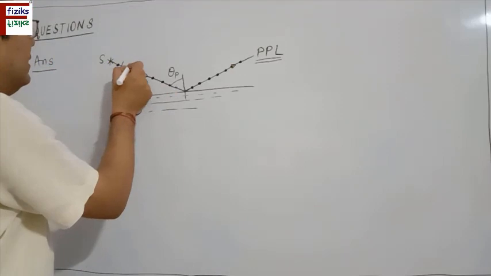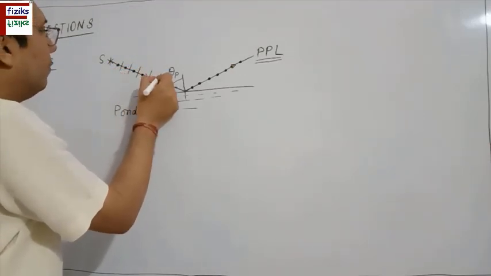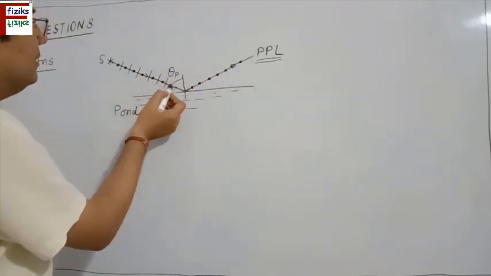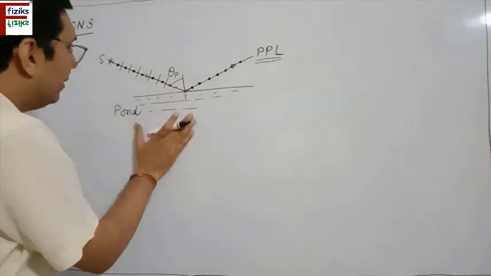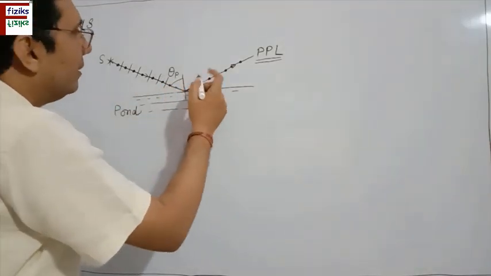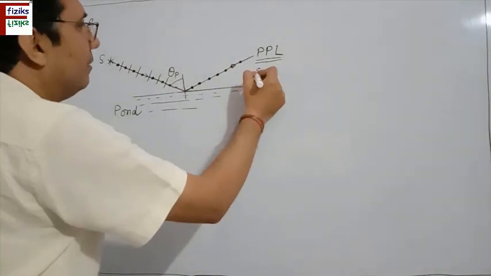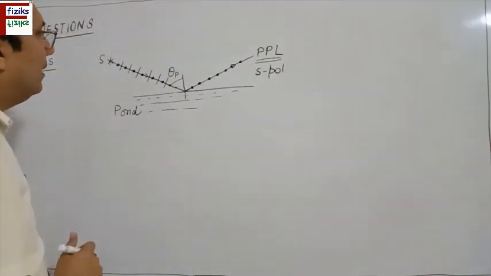The electric components parallel to the plane of incidence will not pass. So if light is incident at angle theta p on the pond, the reflected light will be plane polarized, and this will be S polarized.